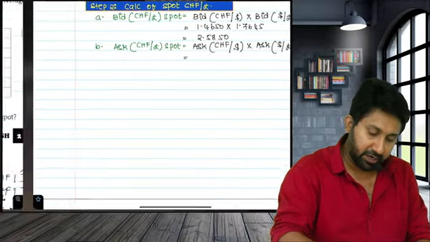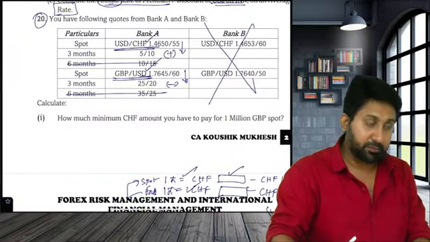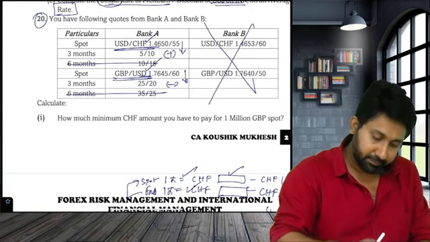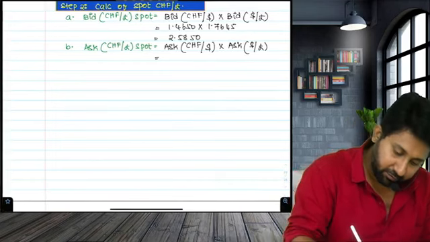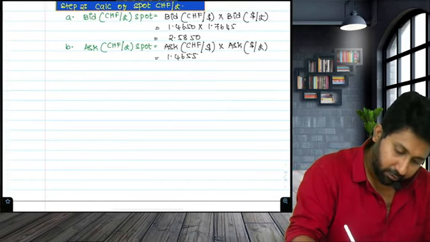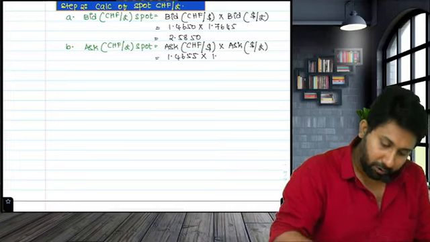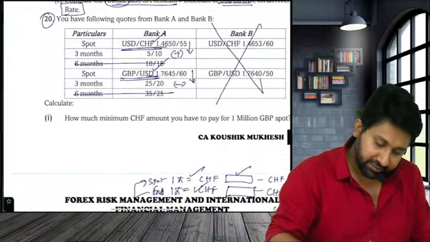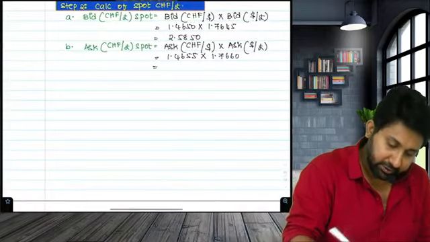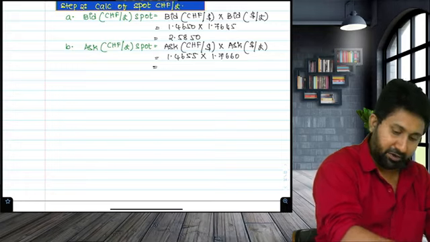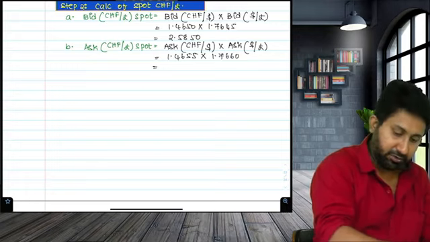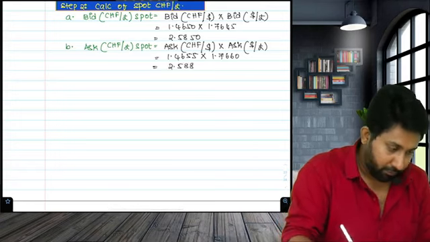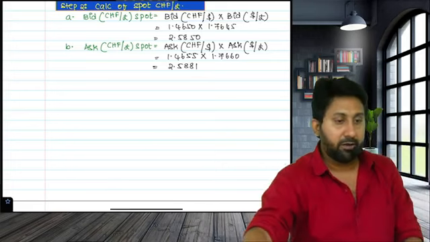What are the spot rates that are given in the question? 1.4655 into 1.7660, equal to 2.5881.